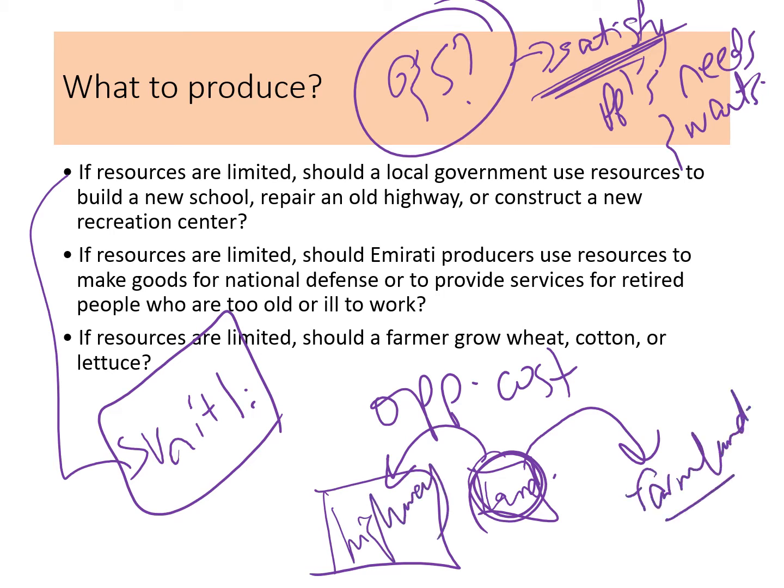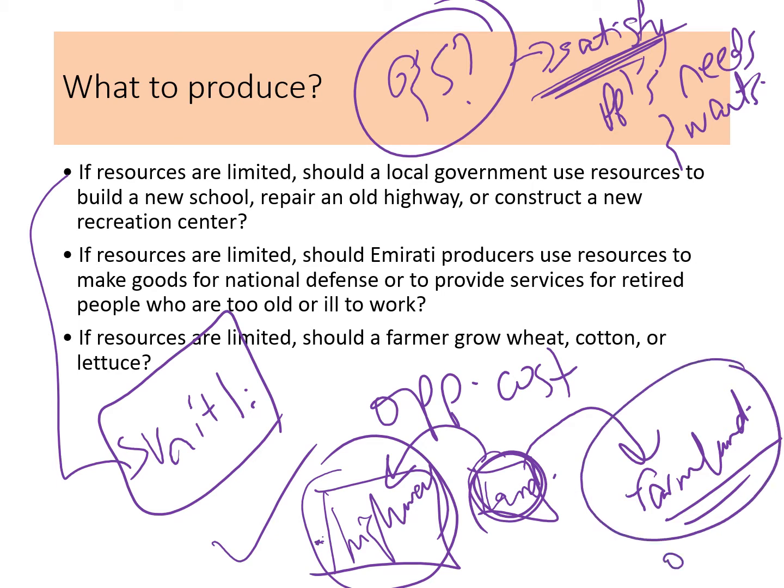Now, according to what the people demanded, let's say they demanded a highway, so the government would do the first choice, and this second choice would be the opportunity cost, since the government did not choose. So what goods and services to produce? This is what the government did. It did the highway because this is mainly what the people wanted.